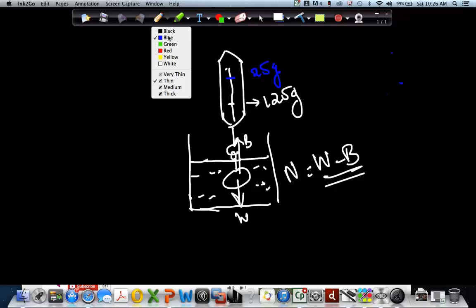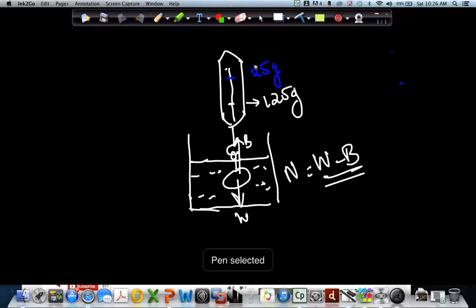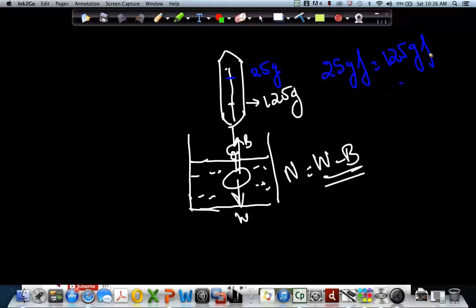So what is the net force which is acting now? The net force which is acting is 25 gram force. So 25 gram force is net force, and that net force is equal to 125 gram force minus B. See, net force N is equal to W minus B.